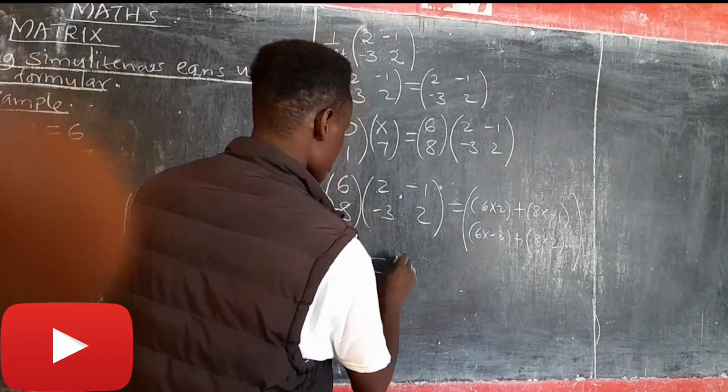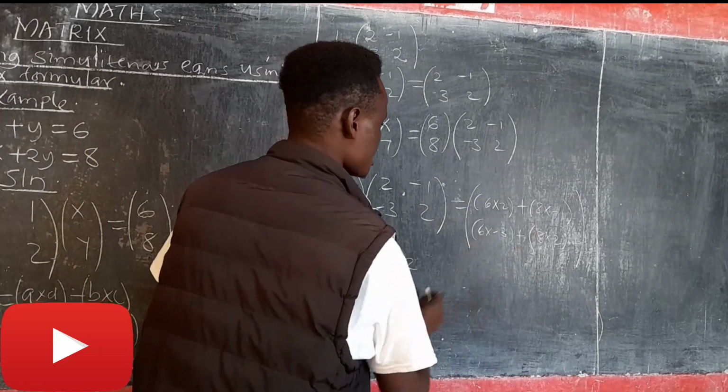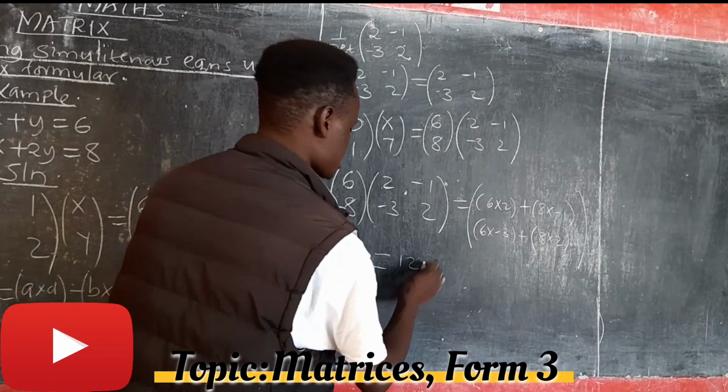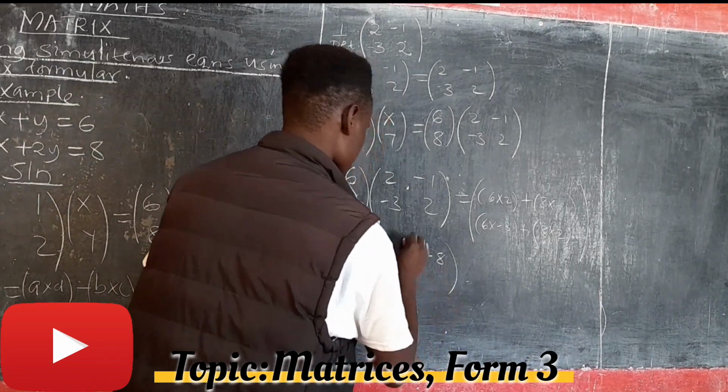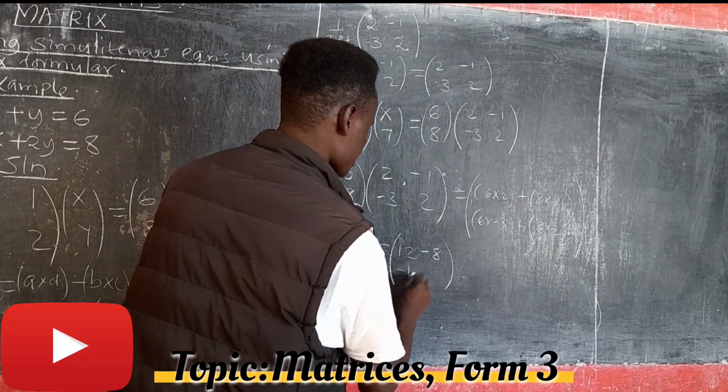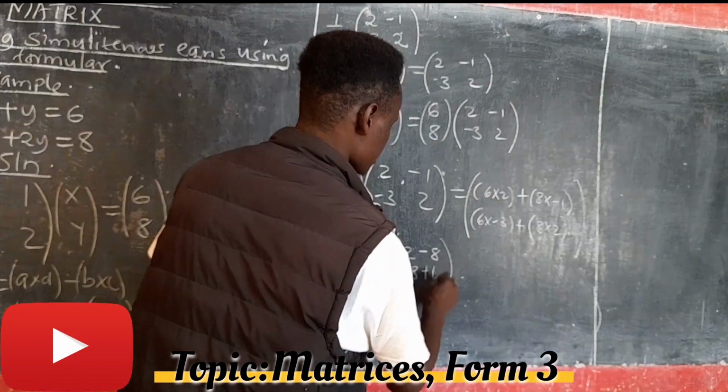So 6 times 2 is 12, then 8 times negative 1, you get negative 8. Then 6 times negative 3 is negative 18, then plus 16.